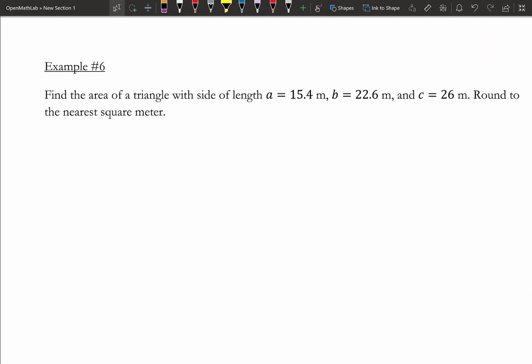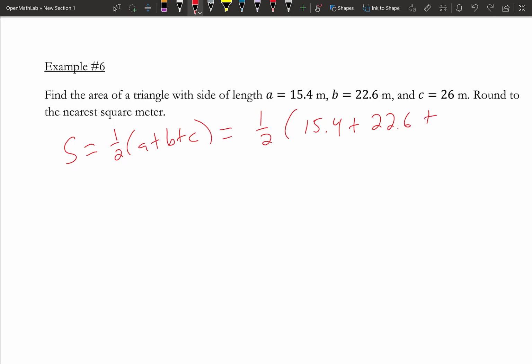So let's try an example. We're asked to find the area of a triangle with side lengths A, 15.4 meters, B, 22.6 meters, and C, 26 meters, rounding to the nearest square meter. First, I would start off by finding S. S would be 1/2 times A plus B plus C, which equals 1/2 times 15.4 plus 22.6 plus 26, which equals 32 meters.